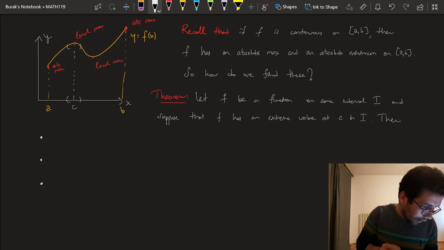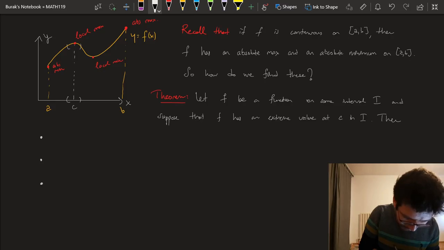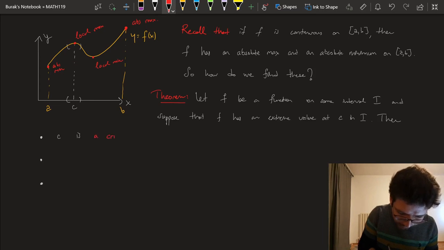So either C is a critical point of f. Now I'm gonna also make a definition, so let me write this in red. This is a critical point of f.